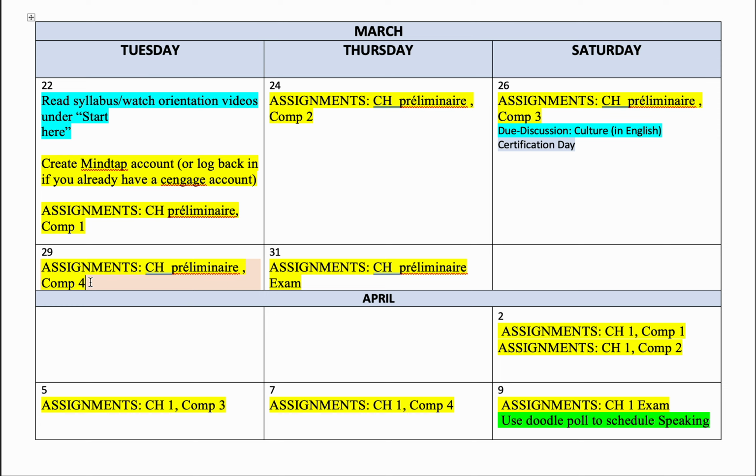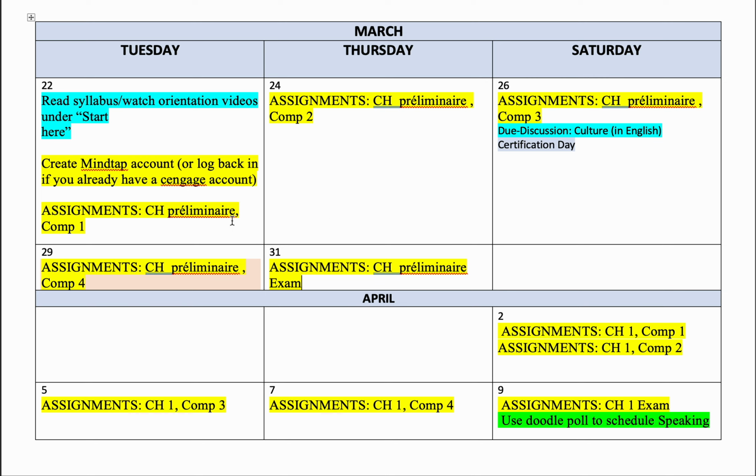When you complete a unit, you will complete 4 days worth of assignments with different topics. And at the end of those 4 lessons, you will have a chapter exam.